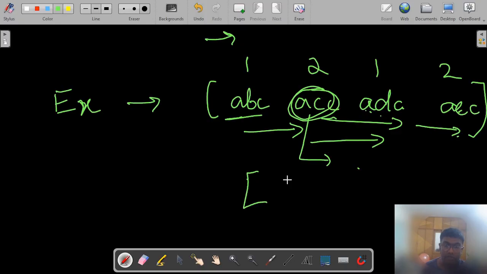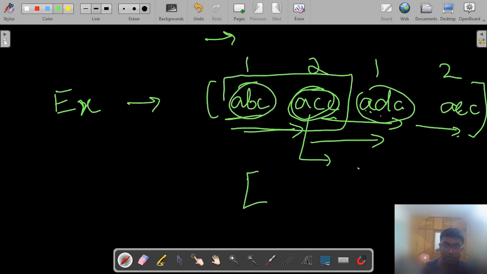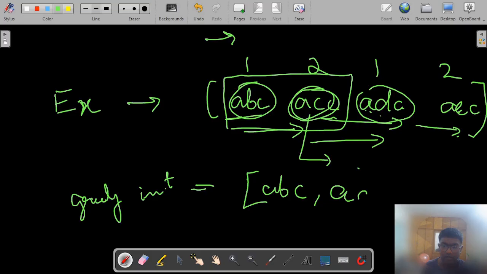And if we see, ADC and ABC had two groups which are the same, so the initial group that we would have stopped with greedy, we would have only ended up with ABC and ACC.